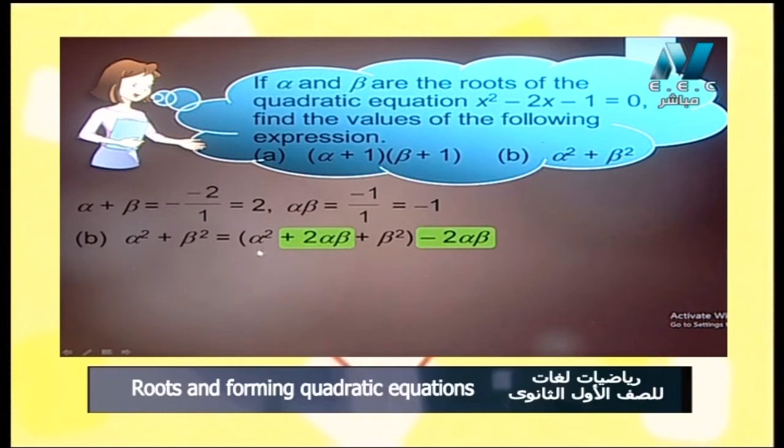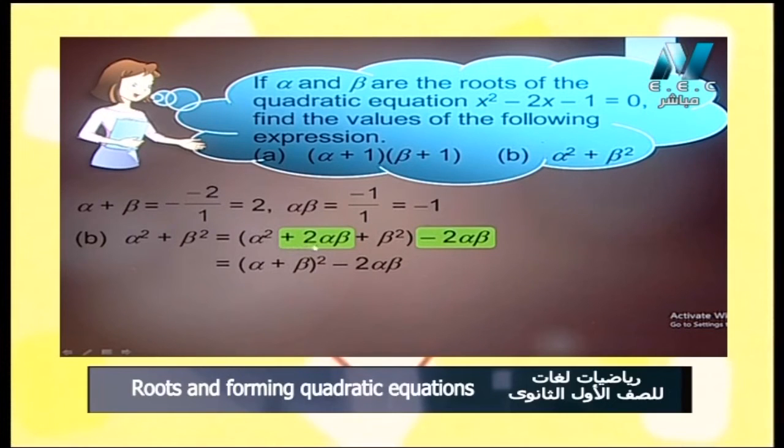Yes, we have the original expression alpha power 2 plus beta power 2. We add 2 alpha beta and subtract it again, so we add 0. But we would like to change this figure.